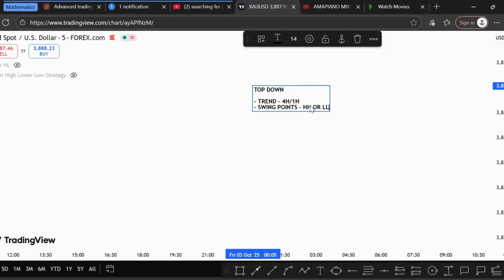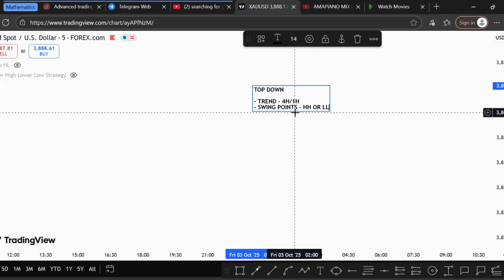Those are where the indication comes from. On the higher highs, any pair gives you an indication that it's going up, that's when it breaks the highs. On the lower lows, the pair is giving you the indication to the downside that the trend is bearish.